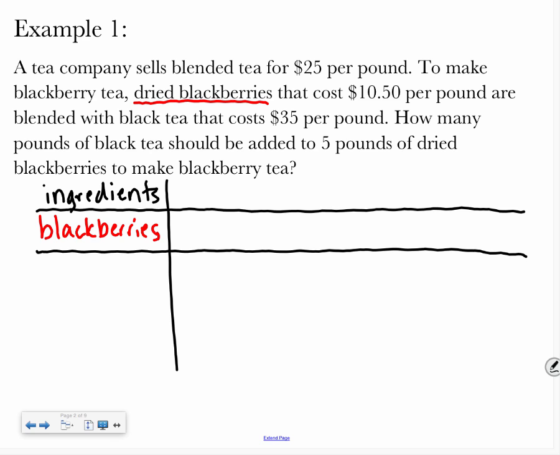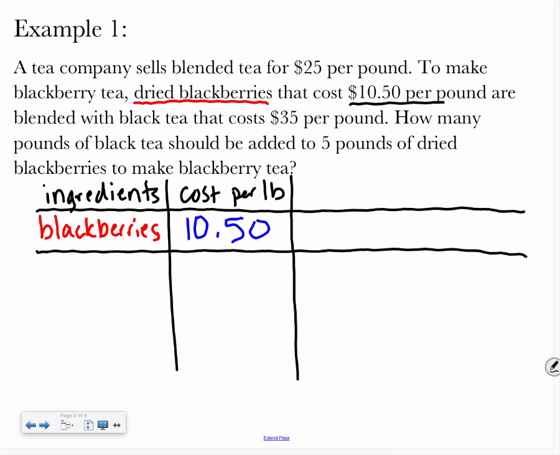We know that the cost per pound of the dried blackberries is $10.50, right? So we have $10.50. And what else do we know?